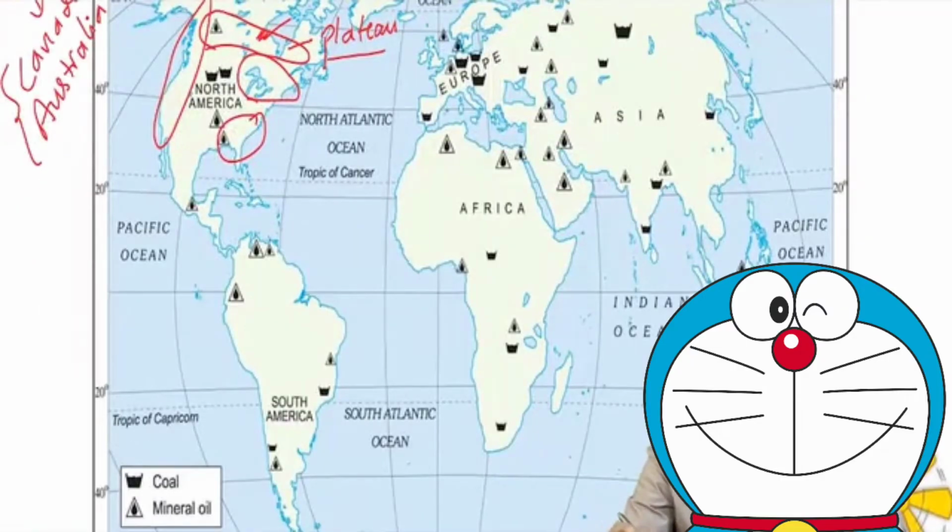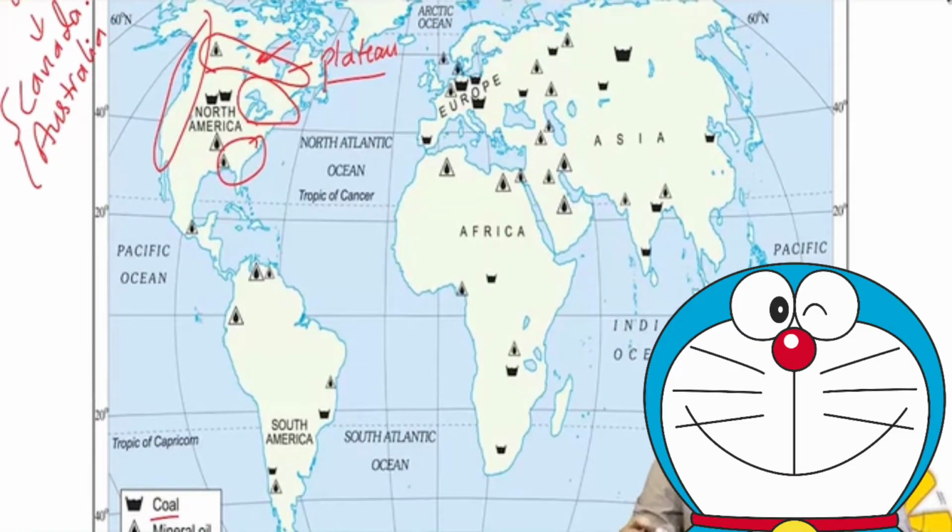Then please remember the map for coal and mineral oil. Can you see that coal is present in Europe, North America? India also has coal. China has coal in this region.